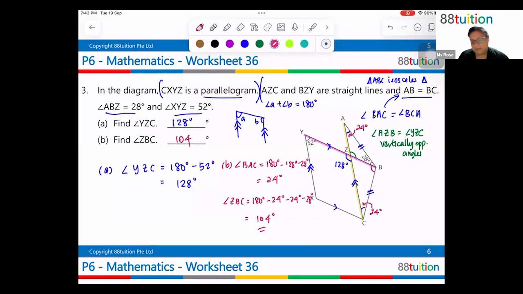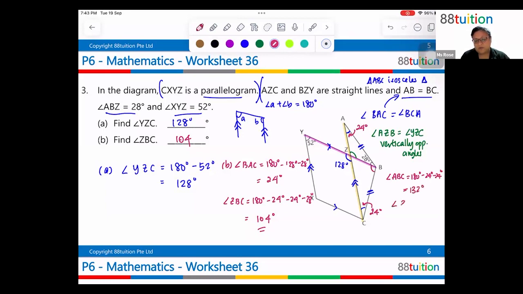So take note, ABC, yes, you can also find that. Angle ABC is equal to 180 minus 24 and 24. You can also do this. So 180 minus 48 gives me 132.